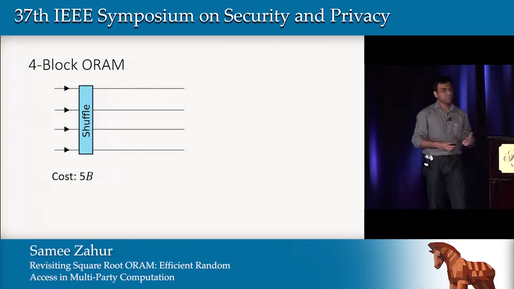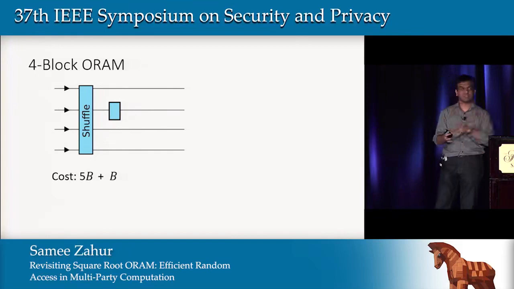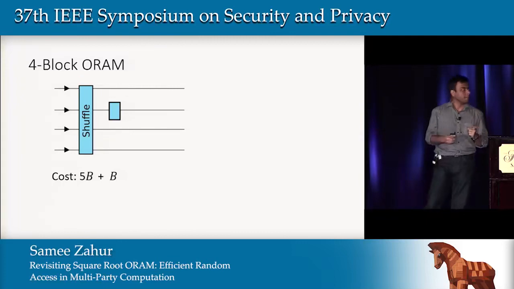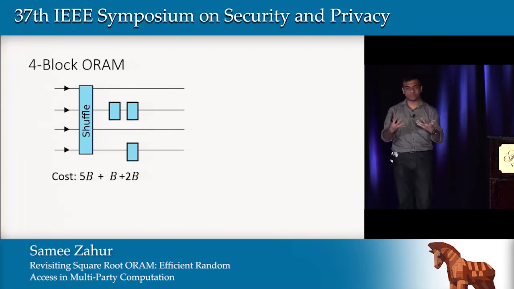Once we do the shuffle, next time we want to access something, we can actually reveal which one we're accessing. So in this case, we can reveal that we're accessing the second wire, because we don't know which logical element that really corresponds to. It's already been shuffled. Now, for the second access, however, we need to be a little more careful, because now we need to access 2 elements and secretly choose one of the 2, so that we don't reveal whether or not it's a repeat.